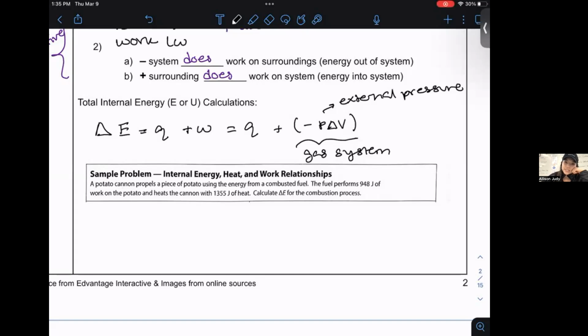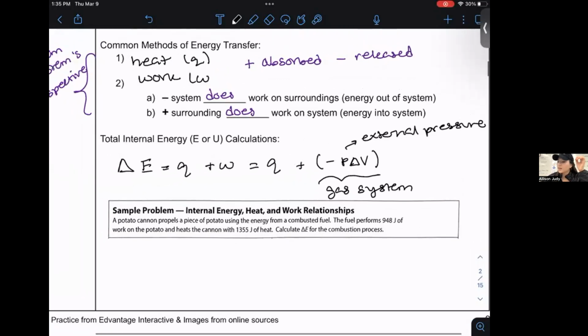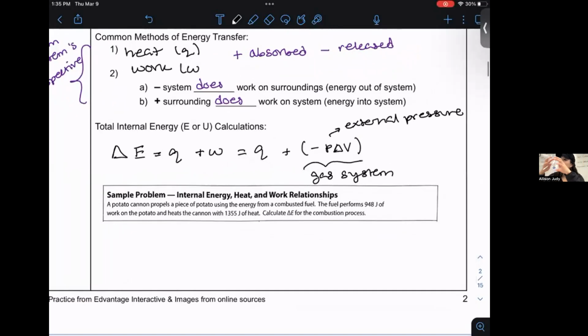So the question is, what are we saying is going to be the system, or what's going to be the perspective that we're going to take on? Who's going to be the reaction system that we're analyzing? Is it the potato or the cannon? So for us, we're going to say that the reaction, the burning fuel, is the system.